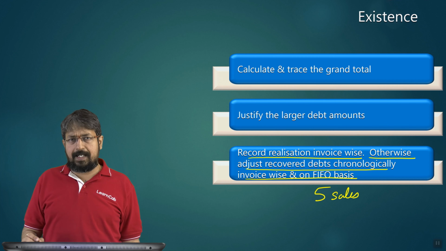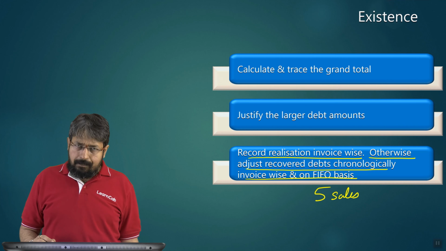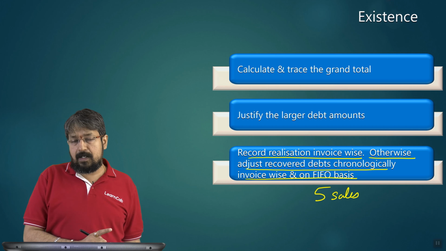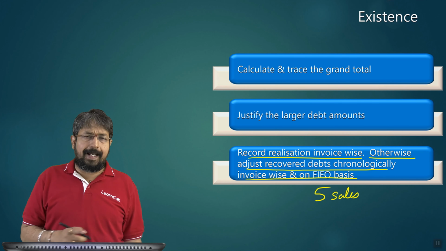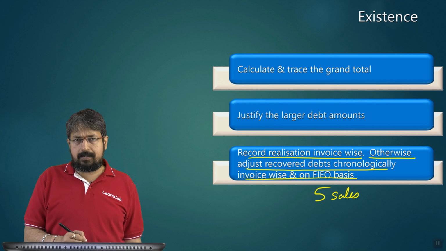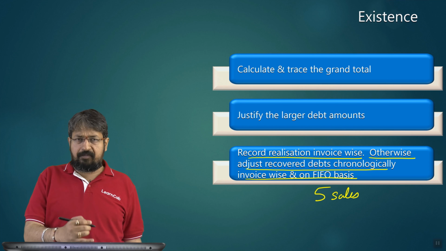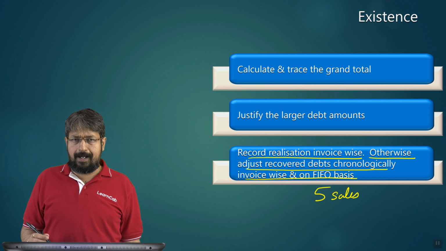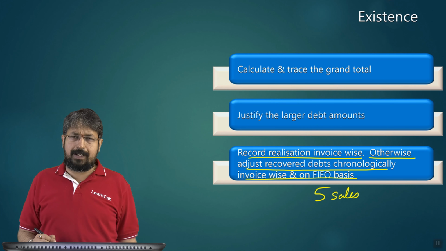Suppose the customer makes payment for 3 invoices in one go, then please follow the FIFO basis. Always adjust the first invoice which was raised, then the later ones. So there is invoice 1, invoice 2, invoice 3, invoice 4. Adjust the first invoice which was issued, in a chronological, date wise manner.